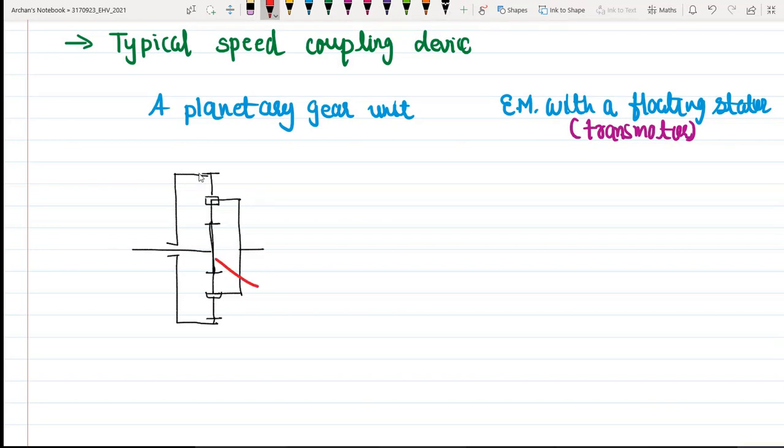This indicates the first part, this indicates the second unit, and this is the third unit. You can see we have a total of 3 units, right?